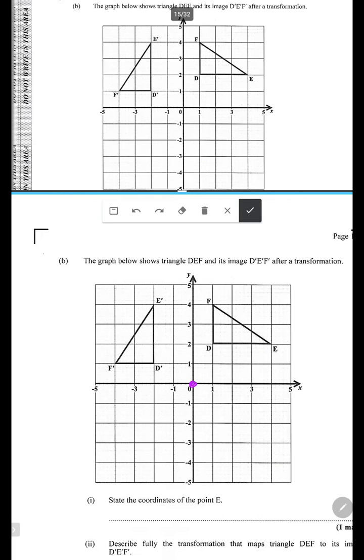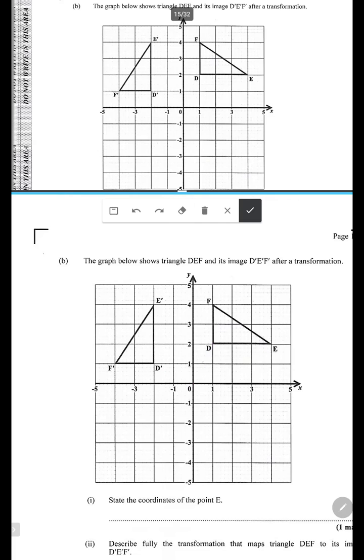Look at D first: that would be the vector from O to D, and this is now D'. Those two lines are the same length, so this line was rotated to here. That would be 90 degrees. So far that point is looking like a 90-degree rotation about the origin. You don't need to make it complicated.